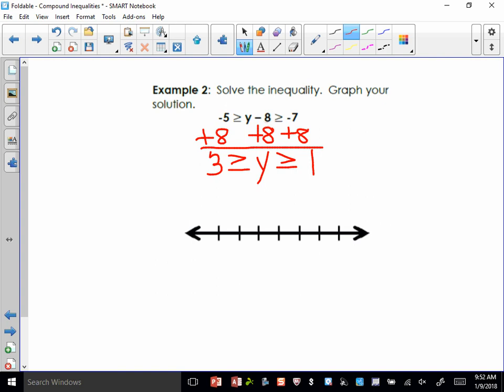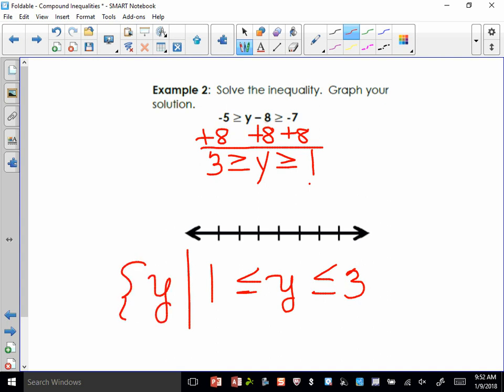So we really want the 1 written first, then the 3. If I do that, I also flip the inequality symbols. So when I write 1 first, I'm going to say 1 is less than or equal to y, which is less than or equal to 3. And then I just put the bar, put the y again, and then I have it in set builder notation.